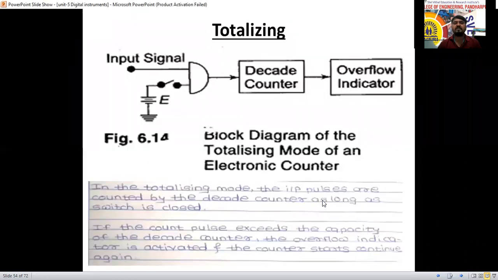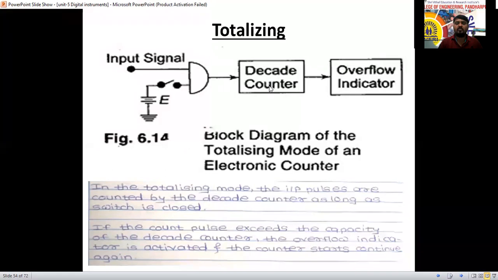This is the totalizing mode. Here the input is given. If the switch is closed, the pulses go to the decade counter, which counts them and gives the readout value. If there is an overflow, the overflow indicator will show it.